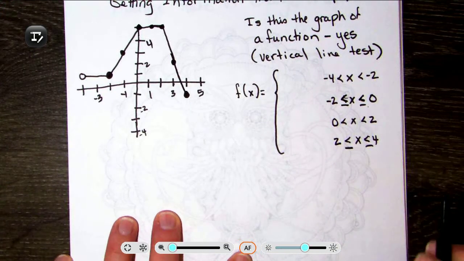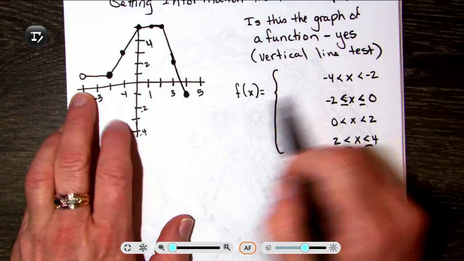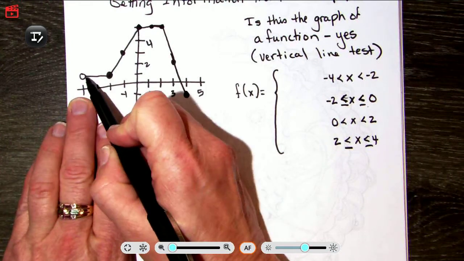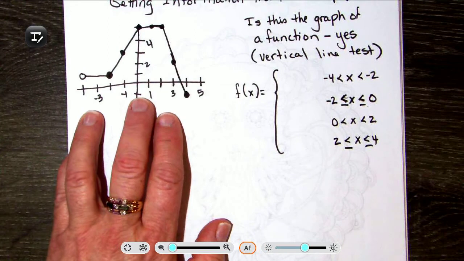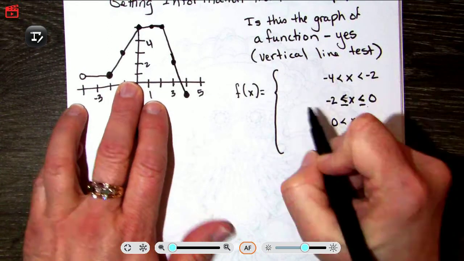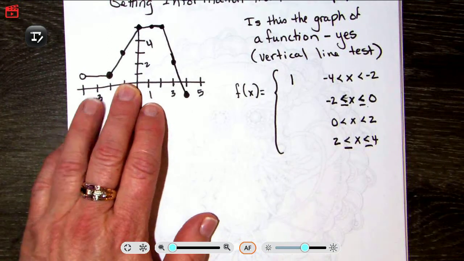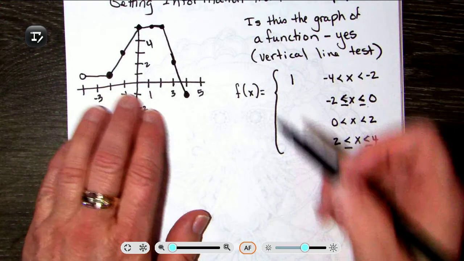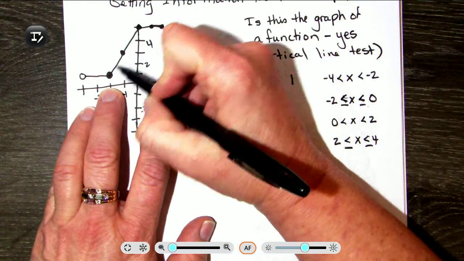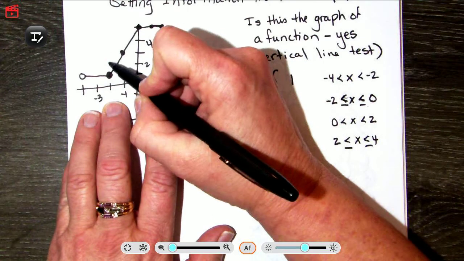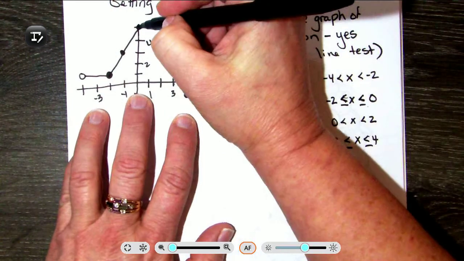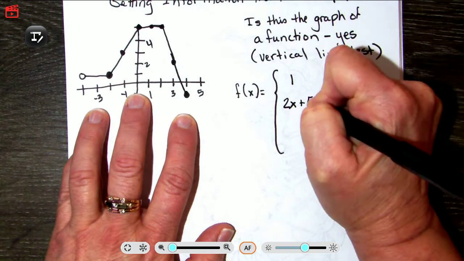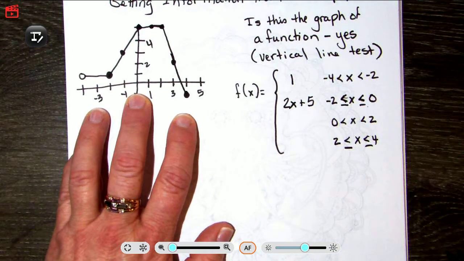So let's see. Doing this first piece, it is this flat horizontal line, which has the equation like y equals a value. So on that piece, our function is equal to the value of 1. This is a straight line, slope of 1, 2 over 1. That does have a y-intercept of 5, so 2x plus 5.